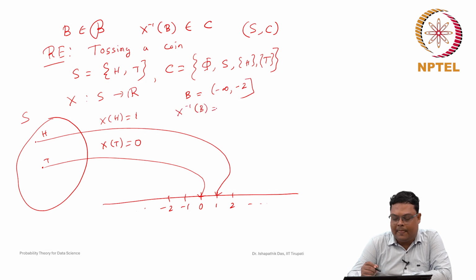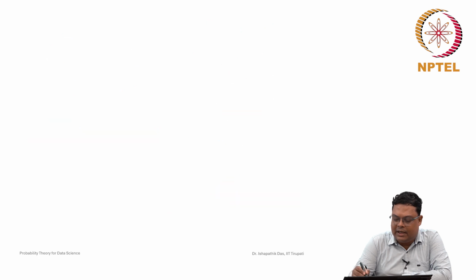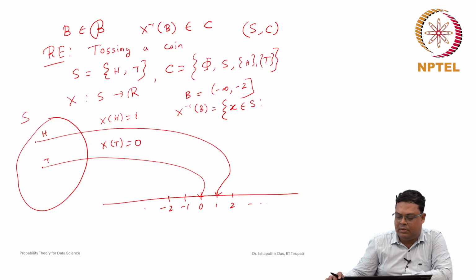X inverse of B is nothing but all x belonging to S such that X of x belongs to B. This is the definition of X inverse of B.